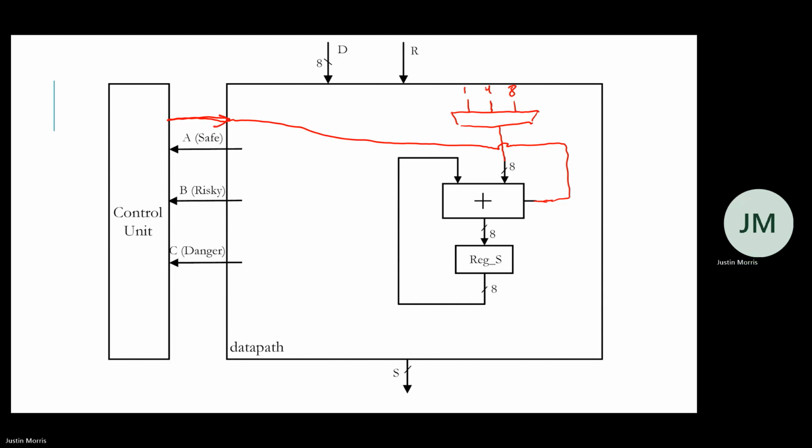Okay. What do we need in order to select these values in the mux? How many bits? Say this is 0, this is 1, this is 2. I have 3 options. How many bits do I need? 2, yes. Where is this coming from?